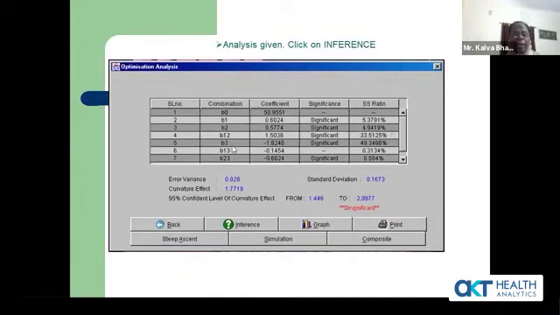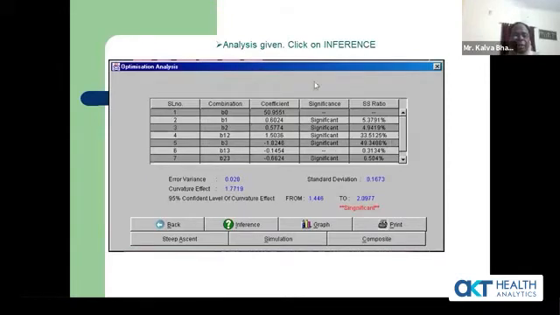Then x3 coefficient is minus 1.8, and SS is about 49% contribution. So that means the higher the mole ratio of x3, the lower will be your output, because it is negatively contributing. So our strategy is to increase x1 and x2 and reduce x3 for optimization.